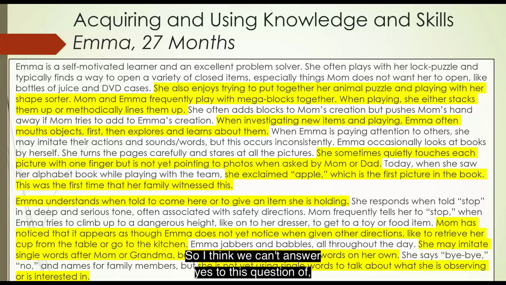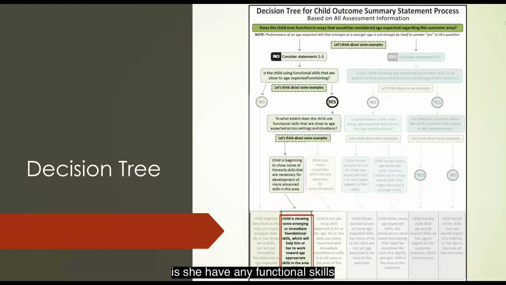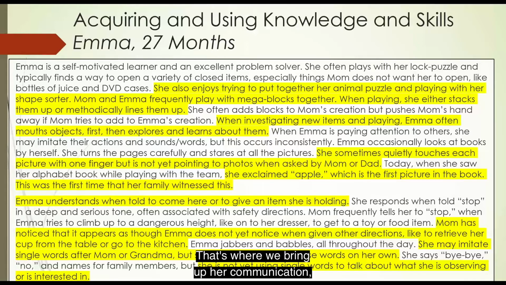So I think we can answer yes to this question of, does she have any functional skills that are close to age expected? But when it comes to the question following that, to what extent does the child use functional skills that are close to age expected? That's where we bring up her communication, her direction following, even that she's still mouthing on objects first when she encounters new items, which is a skill of a much, much younger child.